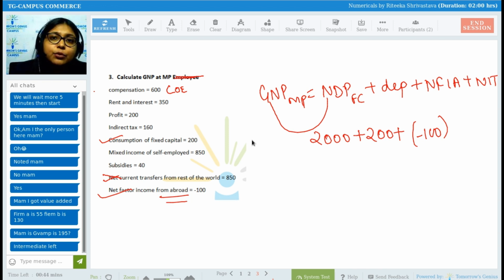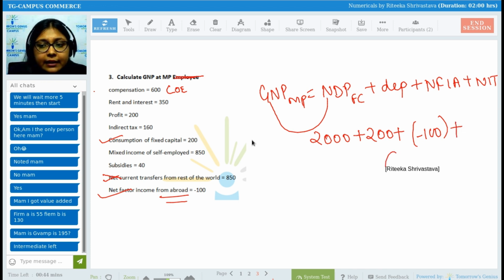At times they will give you two things, net factor income from abroad and net factor income to abroad. When to abroad is also given, you have to calculate NFIA, and then the formula becomes from abroad minus to abroad. Here they have directly given you from abroad. At times they might also give you net factor income to abroad, and in that case again you have to calculate.